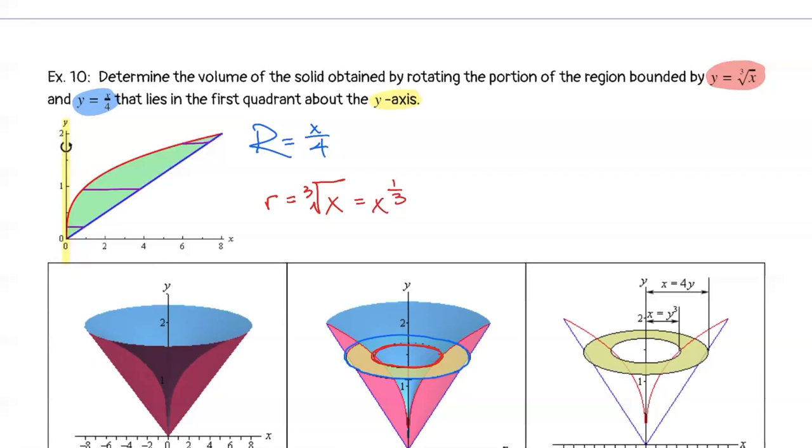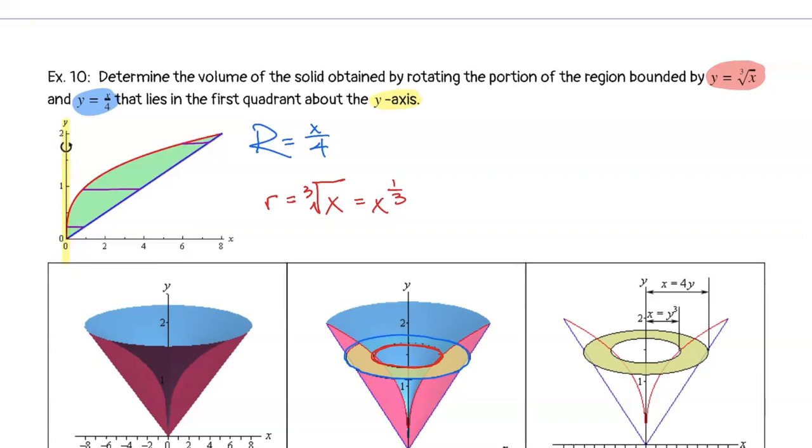All right. Now, I also noticed that in this question, they didn't give me any bounds. They just said, take these two curves. They intersect at 2 points, but I'm not going to tell you where they intersect, right?